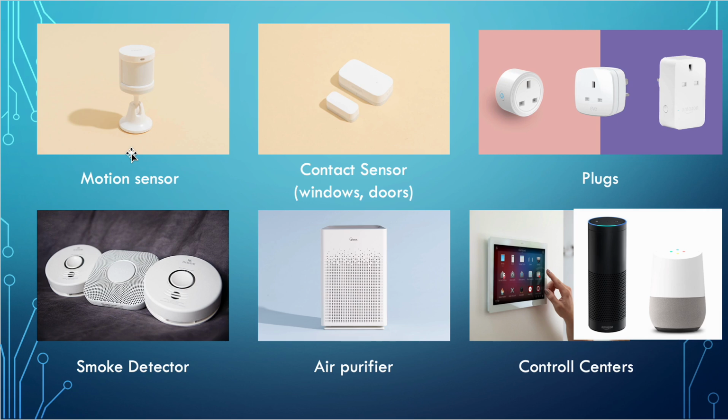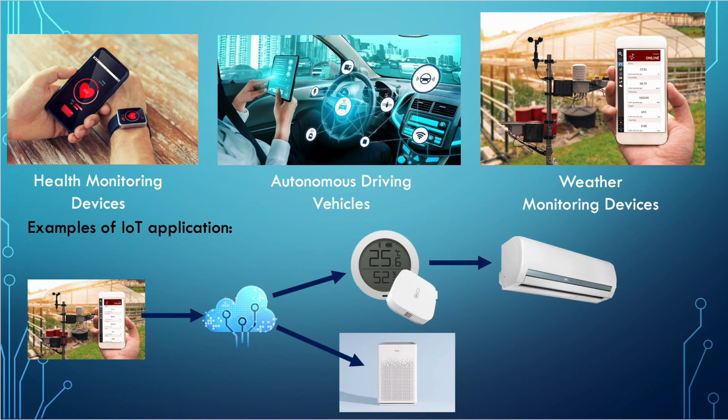They will have accelerometers to understand the speed it's going at. There will be contact sensors to see if the doors and everything are closed while driving, and so on. So an autonomous driving vehicle is a good example of an Internet of Things physical object.